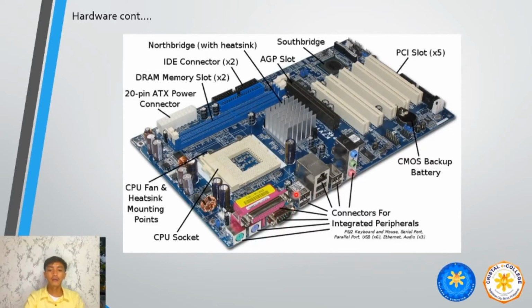Also, we have 6 USB ports and an Ethernet port, as well as audio ports at the back: for the microphone, the audio, and the audio input connector. So this is our motherboard with its components labeled.